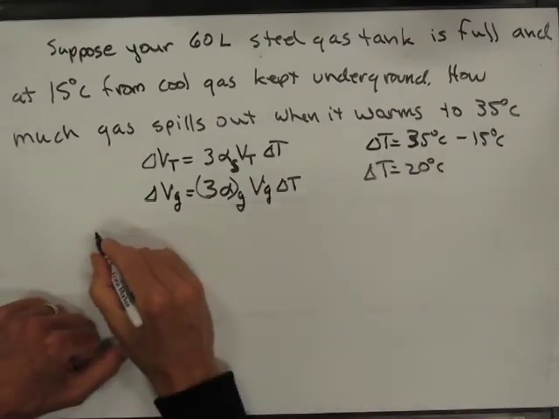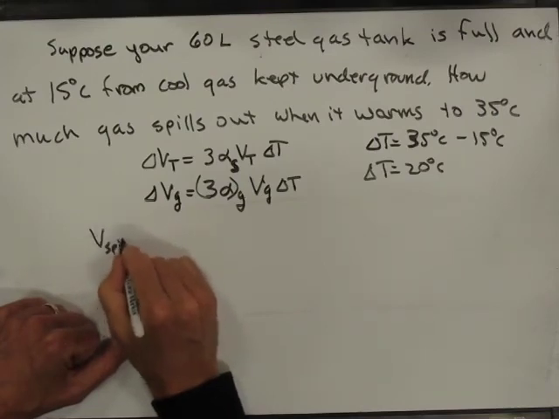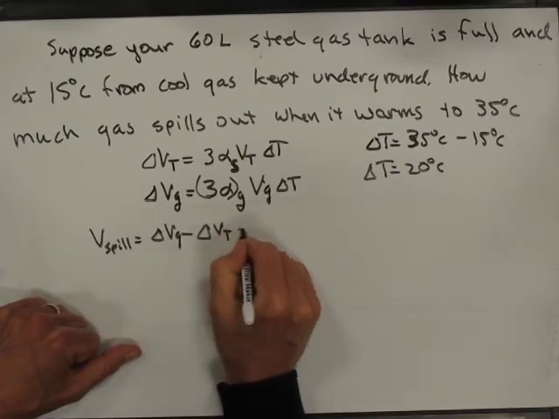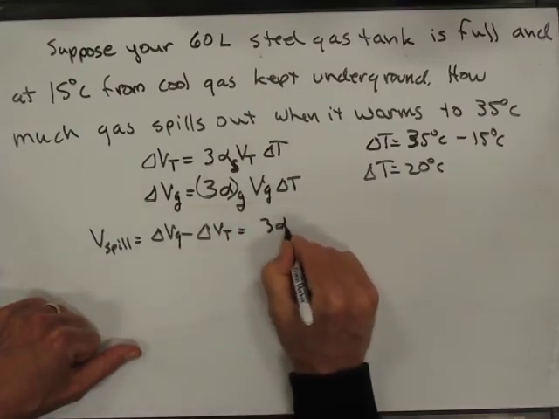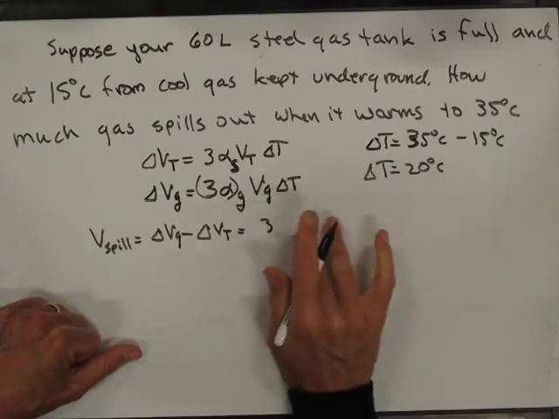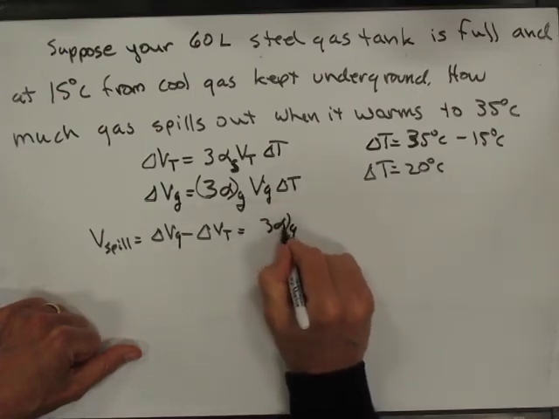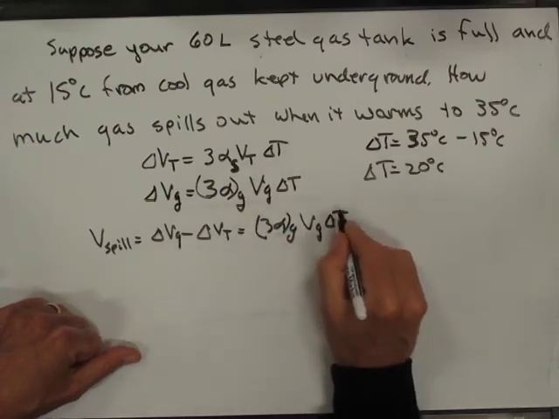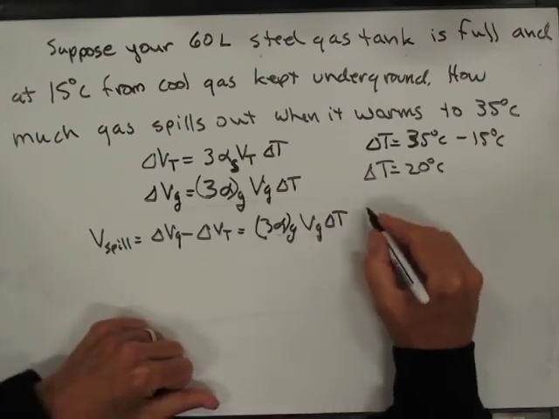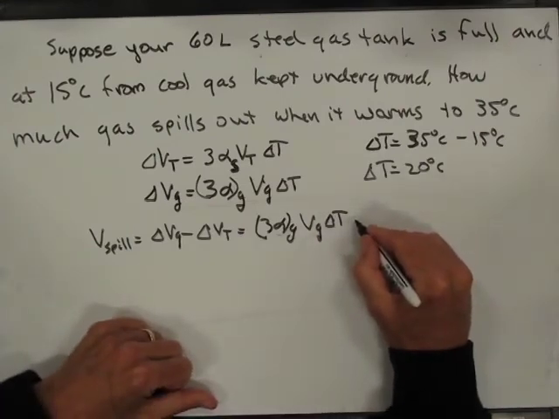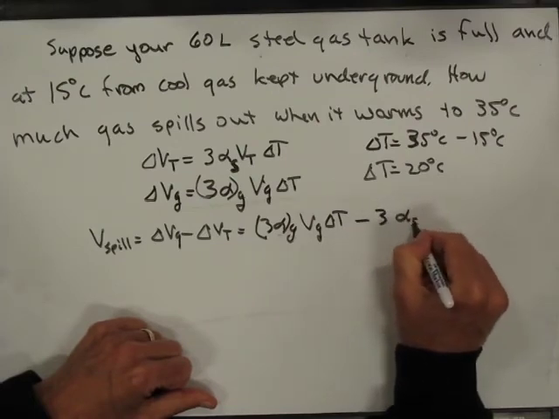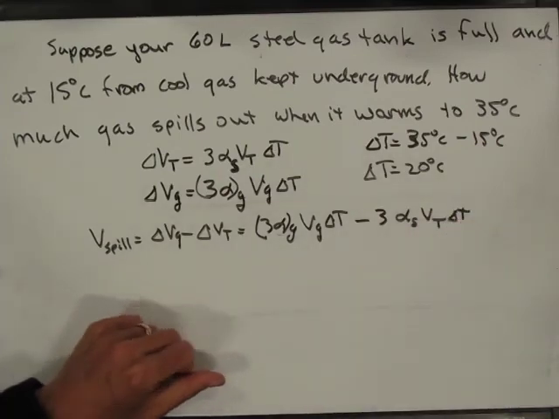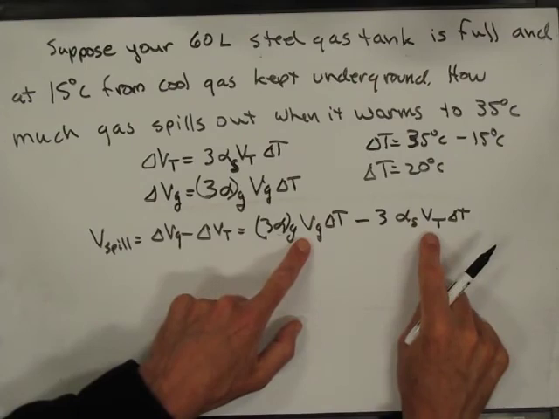And so the volume of the spill is delta V gas minus delta V tank, which is 3 alpha gas times V gas times delta T, minus 3 alpha steel V tank delta T. These two volumes are the same, they're both 60 liters.